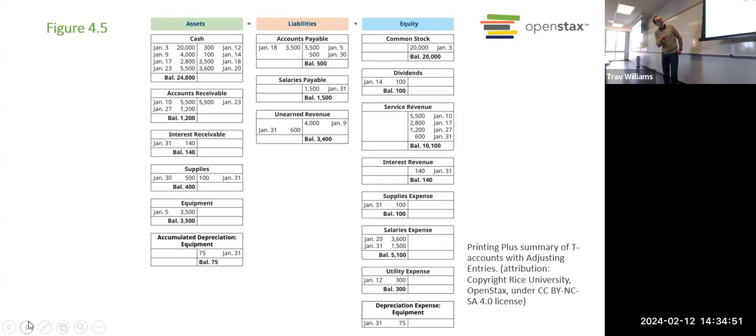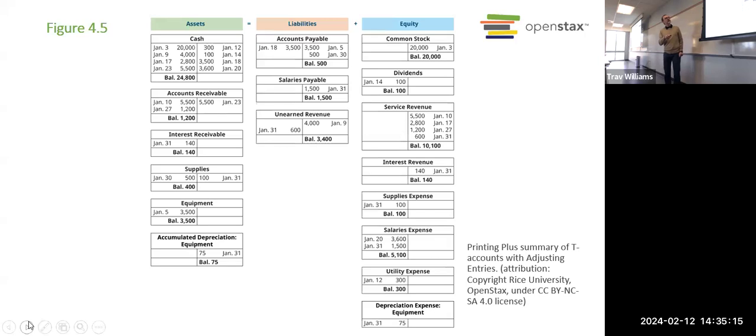Salaries payable, we see that adjustment entry there. Salaries expense, we see that 1,500 over there too. So my point is, we took the previous accounts, but we had to adjust them, right? And once we've adjusted them, the balances change in those accounts.